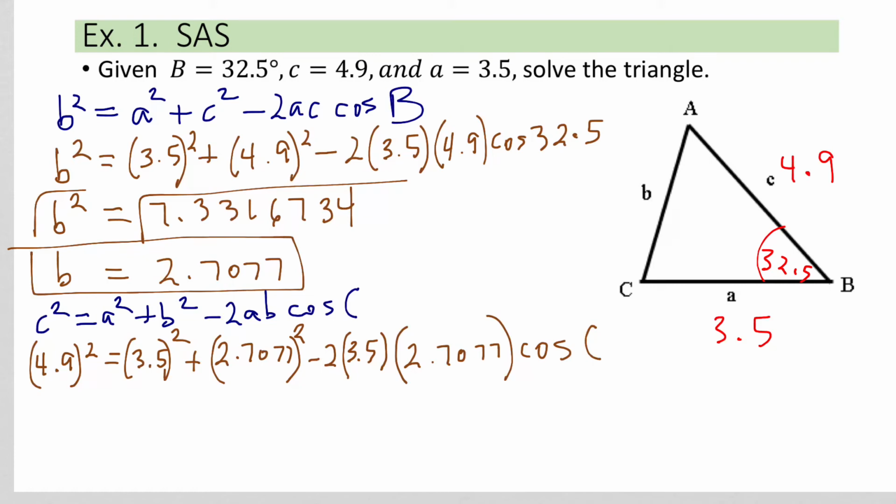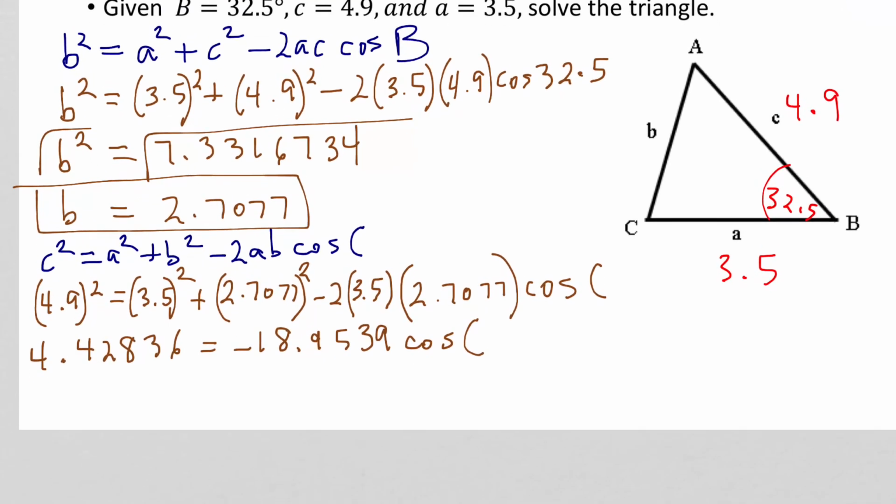All right, so now I've got 4.9 squared. I'm going to subtract this from this side, and I'll get a number for my left-hand side. And then I'm also going to multiply negative 2 times 3.5 times 2.7077, and I'll have a number in front of my cosine C. All right, and I'm holding on to all those digits.